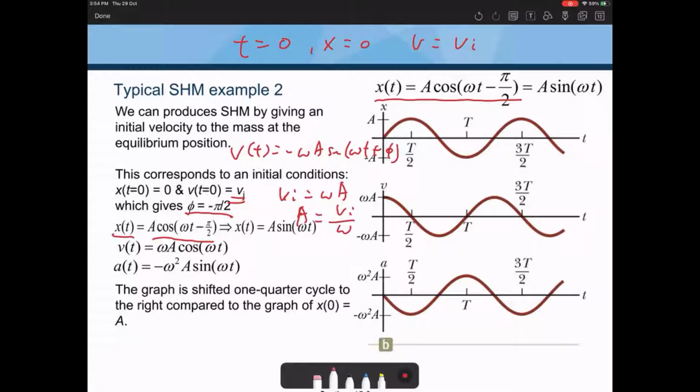Velocity is omega A cosine omega t, and acceleration goes on in a similar way. So those are the two examples to show you how to decide the value of phi and the value of A. It really depends on the specific situation.